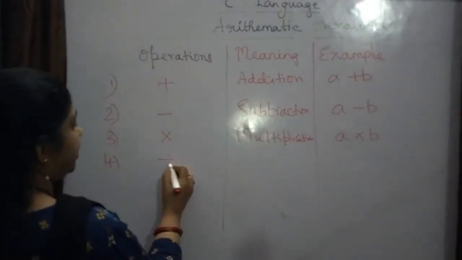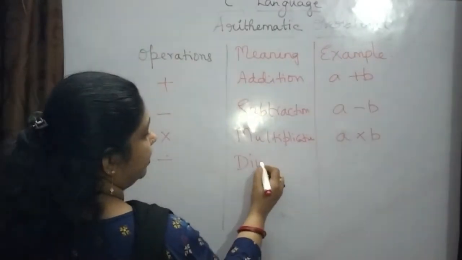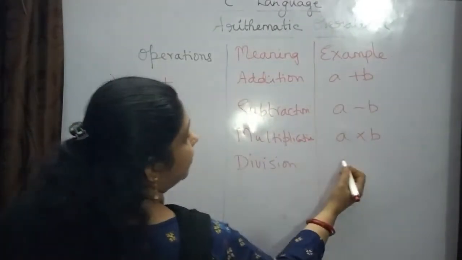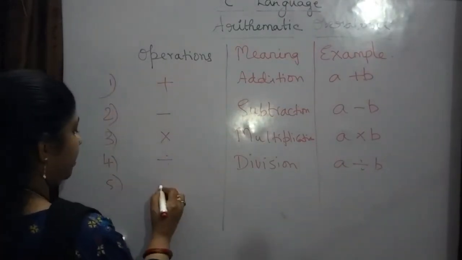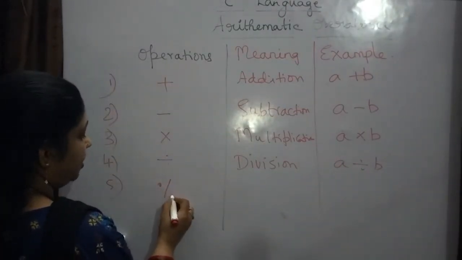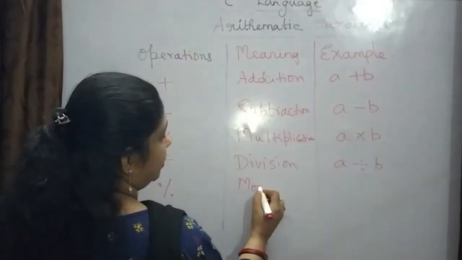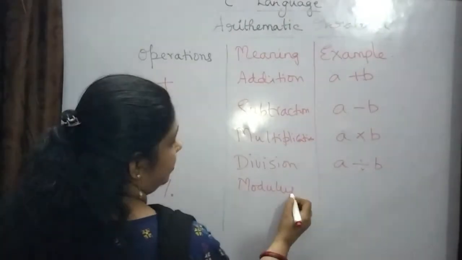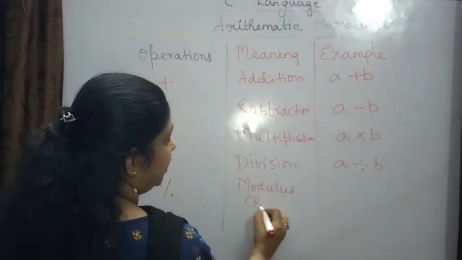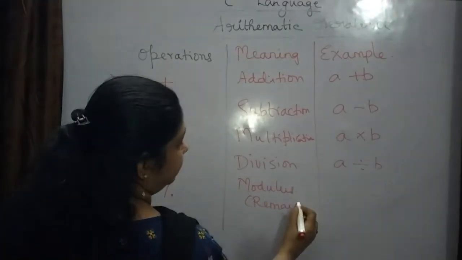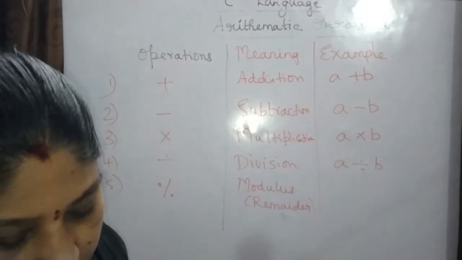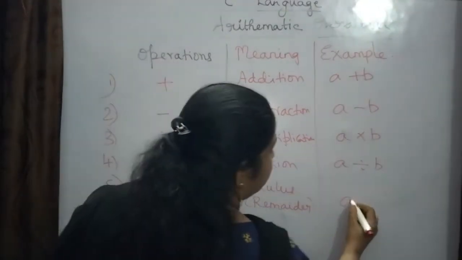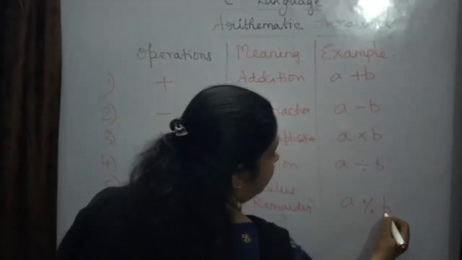Fourth one, division, a divided by b. Now fifth one, modulus. Here you will be getting the remainder, so you will call this a modulus b.